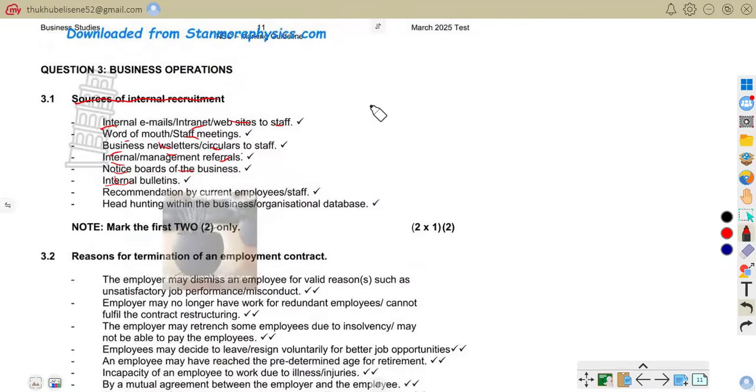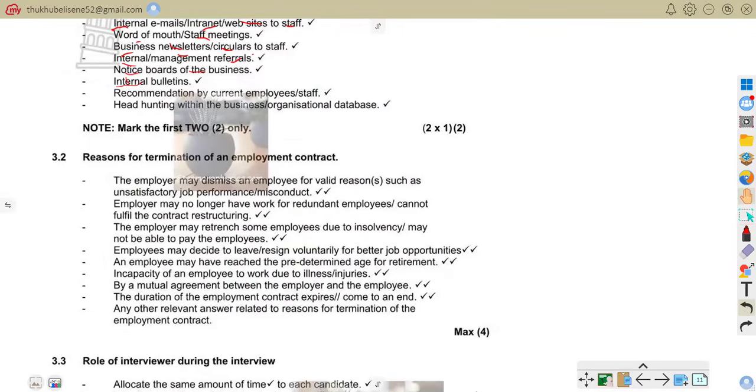So now let us attend to it. Here we are. Reasons for termination of employment contract. The first one is the employer may dismiss an employee for valid reasons, such as unsatisfactory job performance or misconduct.